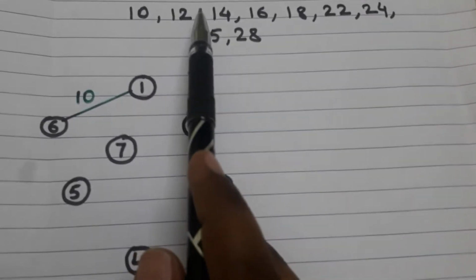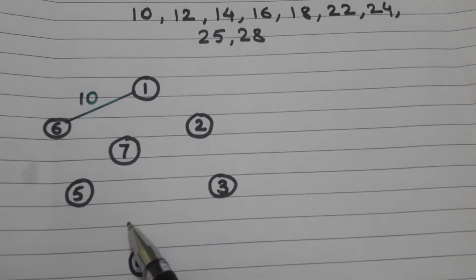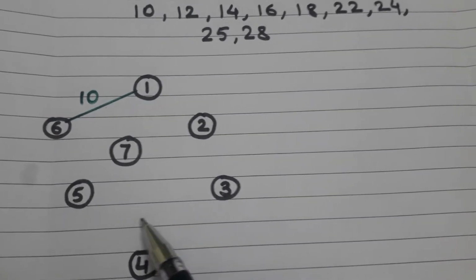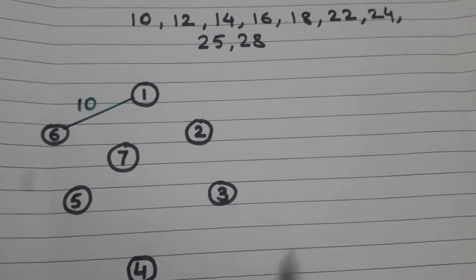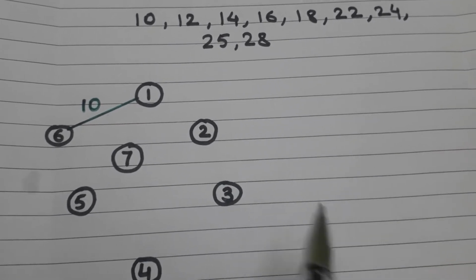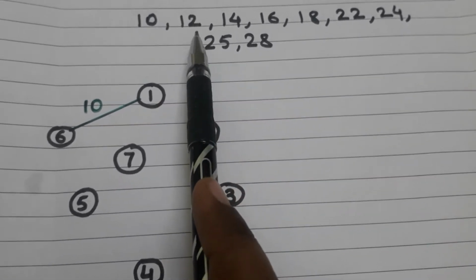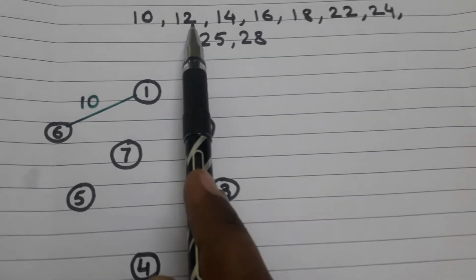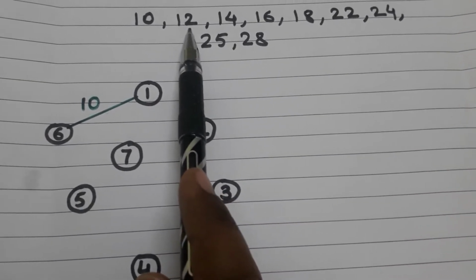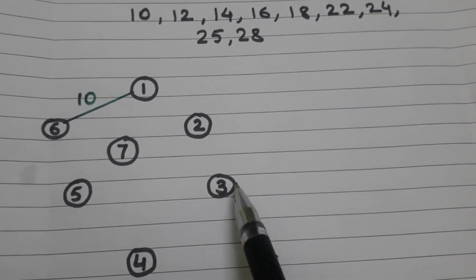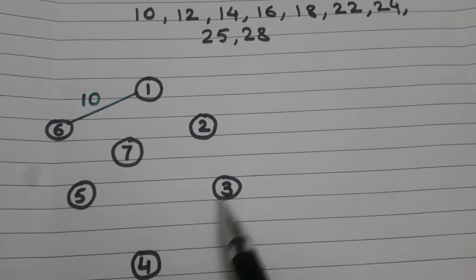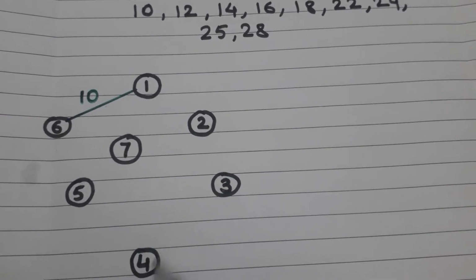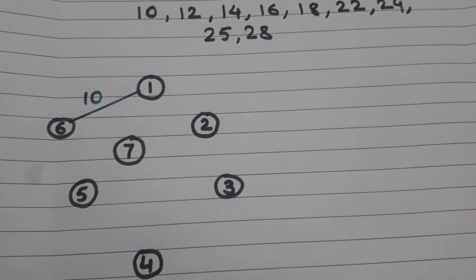While adding the next edge into this minimum cost spanning tree, we have to check that no cycle should be created. This 12 is an edge from the third vertex to the fourth vertex, and its weight is 12. So here we can add this edge.